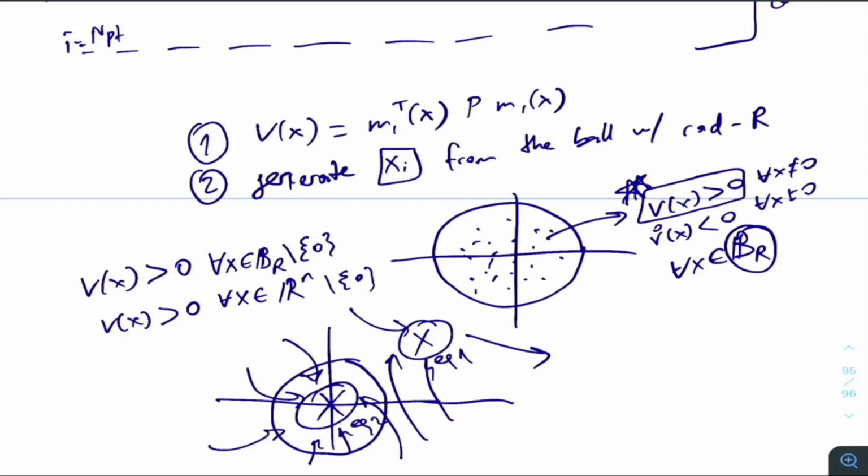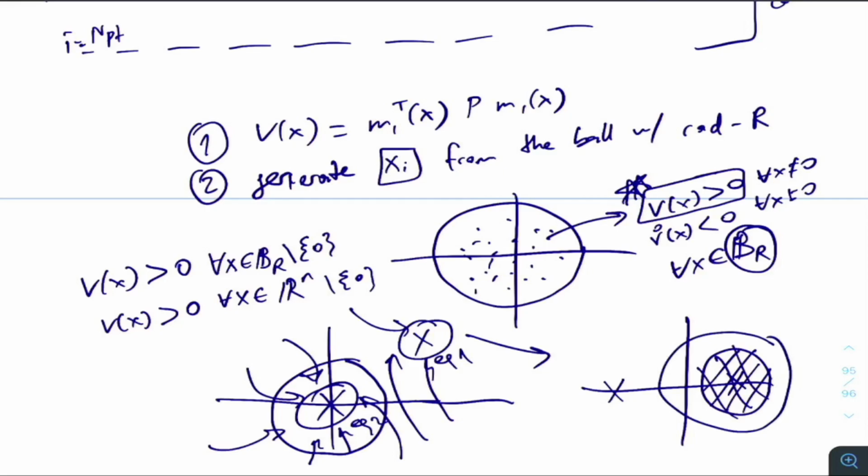That is, a Lyapunov function that only satisfies our general Lyapunov constraints in this region, and we cannot say more than this outside of this neighborhood.